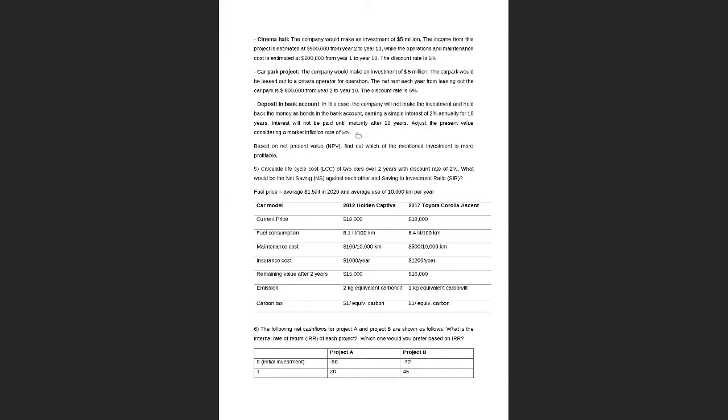And your n value will be 10 because you're discounting the amount that you will be getting after 10 years to today's value, right? So n value is 10, your R value is 5%, and your cash flow after 10 years is 1 million. So if you do the discounting, then you will get 613K.